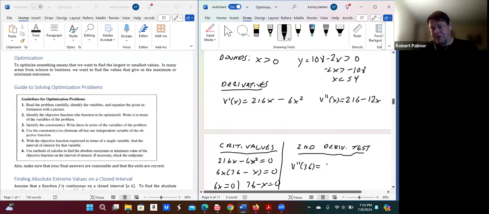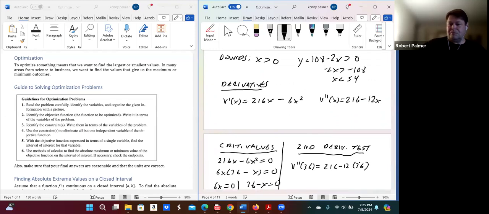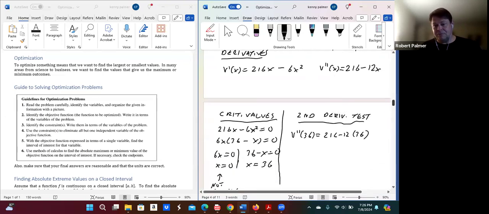So it's going to be 216 minus 12 times 36. Over here, we're mainly interested in the sign, which is going to tell us whether we have a local maximum or local minimum here.